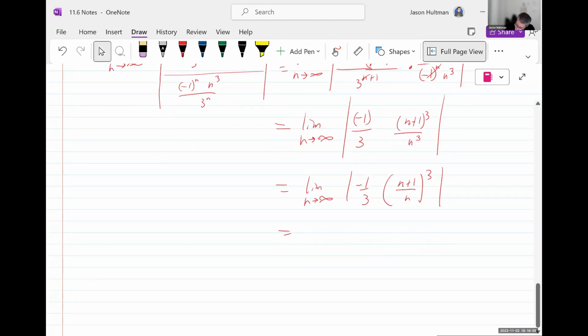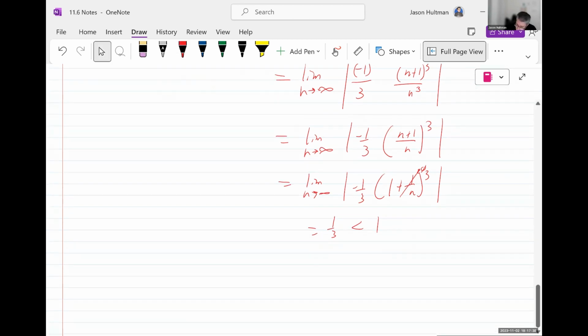And so this becomes the limit as n goes to infinity of negative 1 over 3 times 1 plus 1 over n cubed. Okay, and so this thing just goes to 0, and 1 cubed is 1. Absolute value of negative 1/3 is just 1/3. This equals 1/3, which is less than 1, which tells me that this thing is convergent.